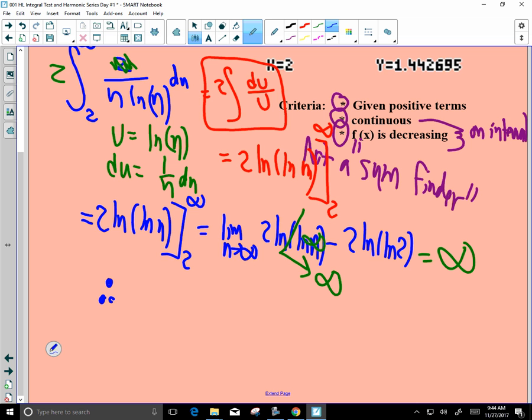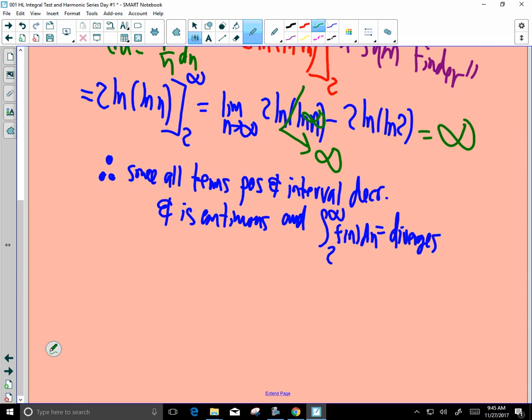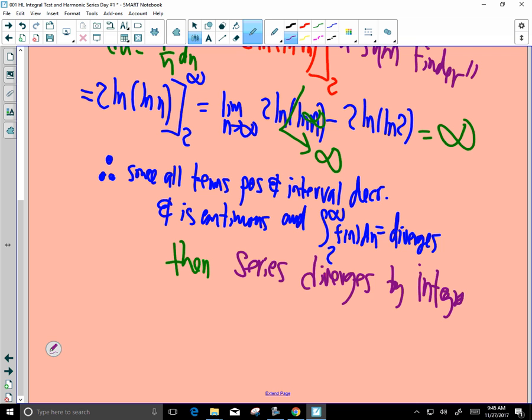Then you put your therefore statement: since all terms are positive, and on the interval decreasing and continuous, and the integral from 2 to infinity of f of n dn diverges, then the series diverges by the integral test.